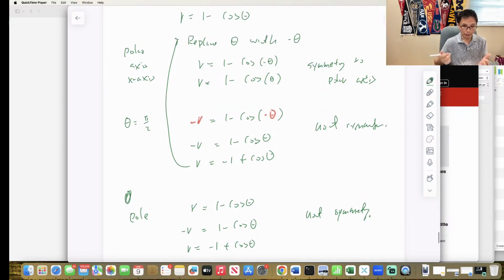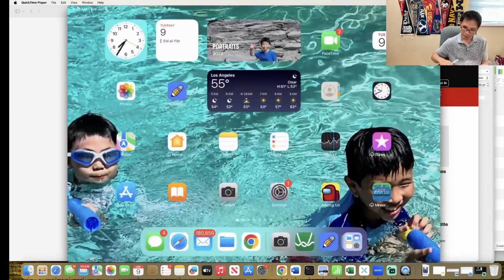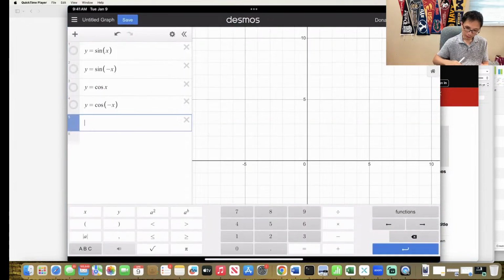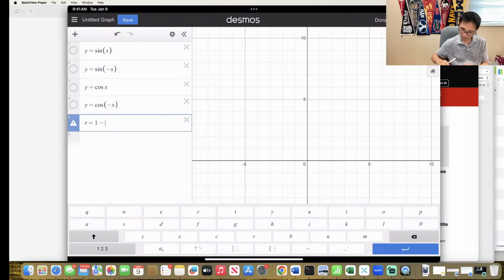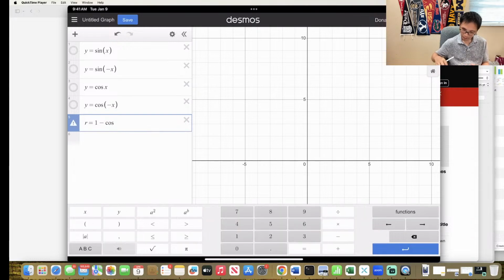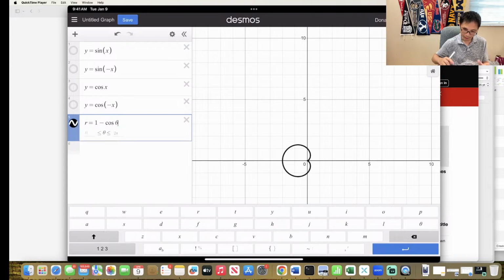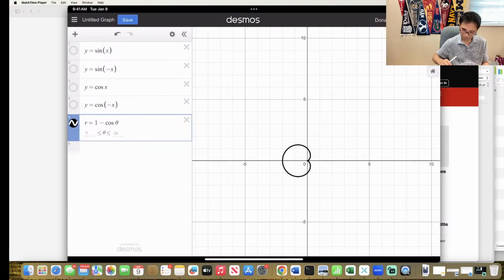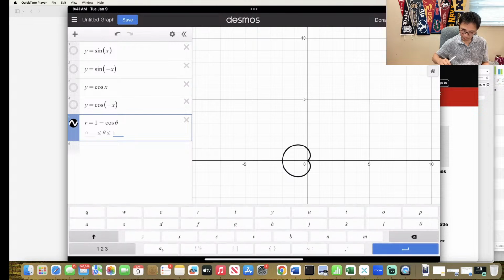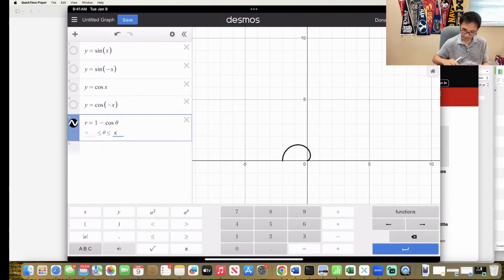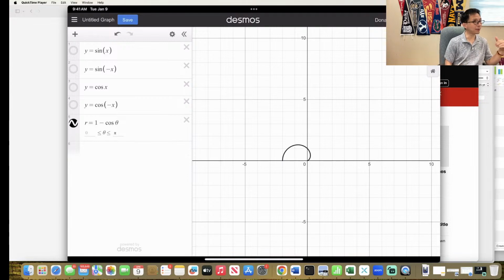So when you graph this, r equal to 1 minus cosine theta, and let's just say you graph by hand. I don't know if you guys tried to graph by hand yesterday. But if you graph by hand, if you just do it to pi, it's going to give you half the graph.